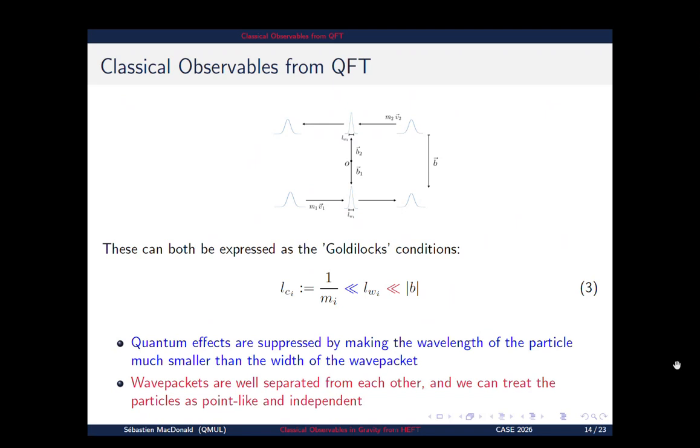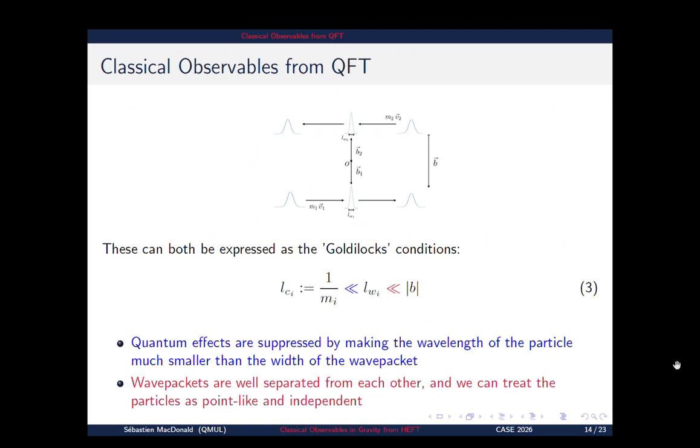These things can be expressed in what are called the Goldilocks conditions, so these inequalities here. So the first one: the Compton wavelength of these wave packets, during h bar for now, is just 1 over the mass. Much smaller than their spreads themselves. So this is suppressing quantum effects.